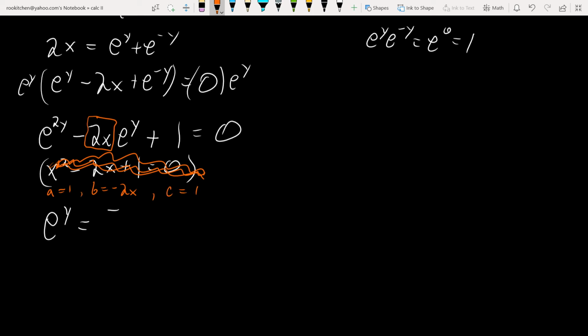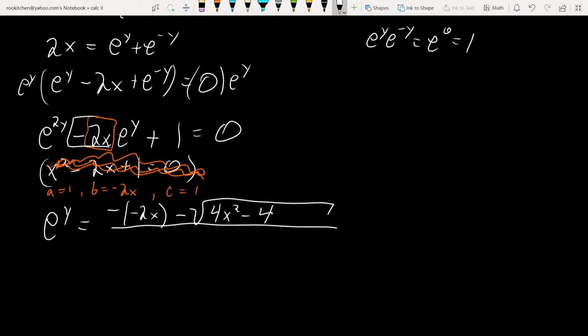Okay, so e to the y will be negative b, so negative 2x, minus the square root of b squared, so it'll be 4x squared, minus 4 times 1 times 1, and that'll be all over 2 times a.